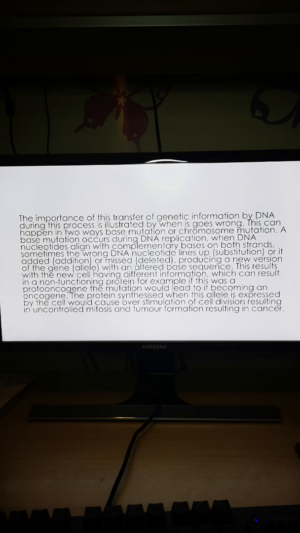Okay, so they're able to make a link here to if this transfer went wrong in this way, the importance would be the protein synthesized when this allele is expressed by the cell will cause overstimulation of cell division, resulting in uncontrolled mitosis and tumour formation, resulting in cancer.